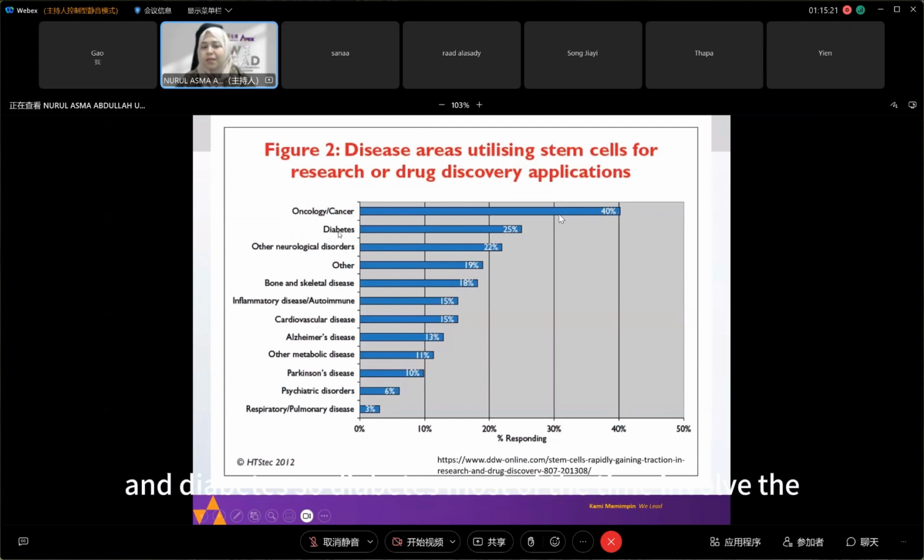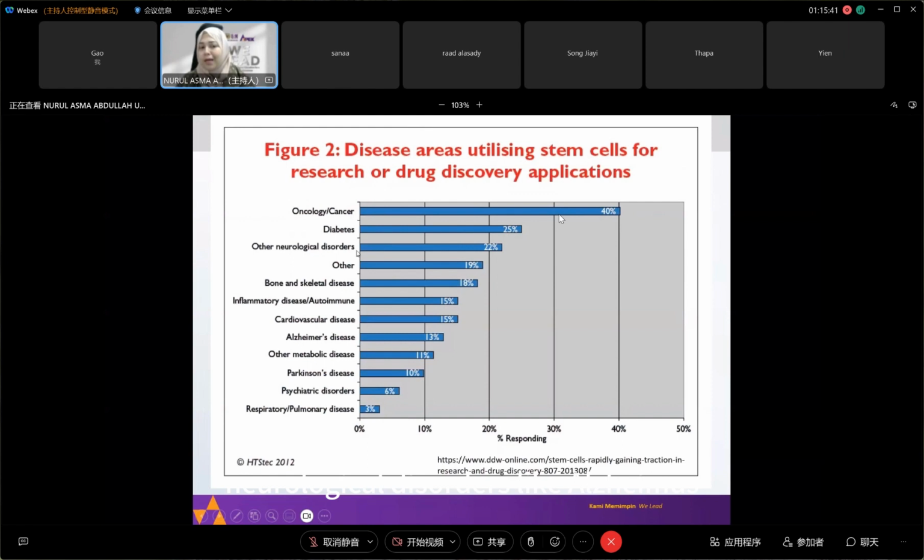And diabetes. Diabetes most of the time involves the removal of certain tissue, and the tissue needs to be replaced. That's why diabetes has a high demand for stem cells.